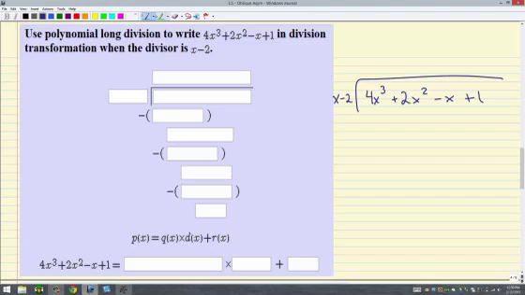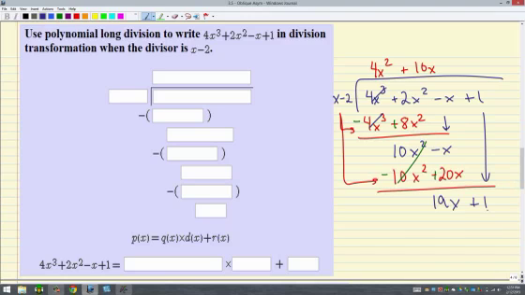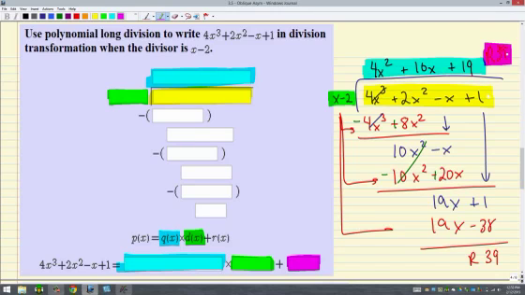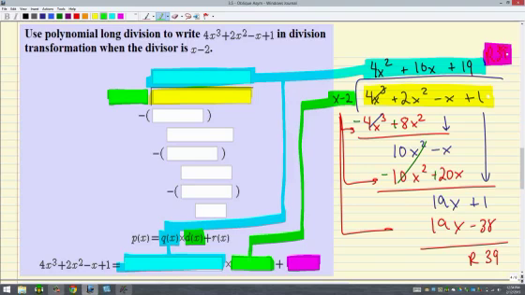And now we're going to go through and divide this all out. So you're going to type all of these into the appropriate box. And then plug them in.